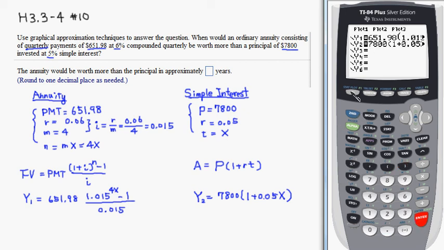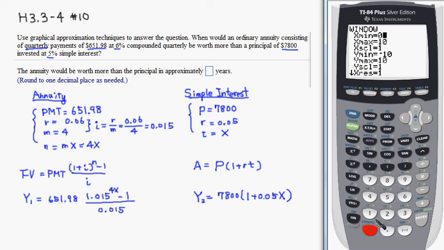Then we're going to have to change the window size a bit. So go to window. Since x is the time, we never talk about negative time, so we put 0 there. Then 10 should be big enough, so I'll leave that at 10 years. Again, y is the amount, the future value, we shouldn't talk about negative values, so I put 0.